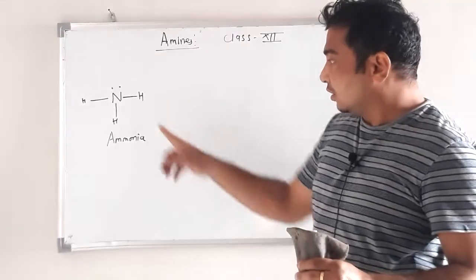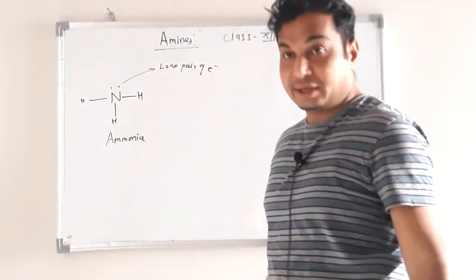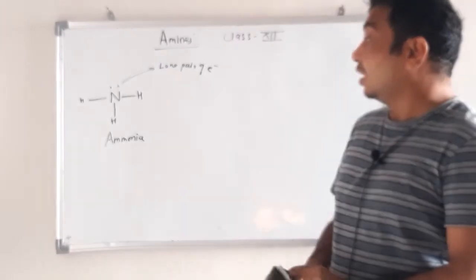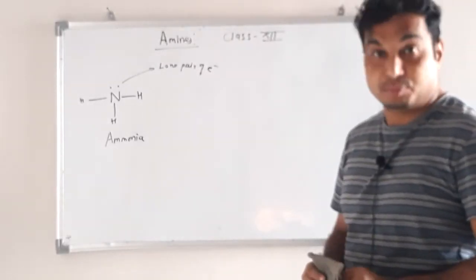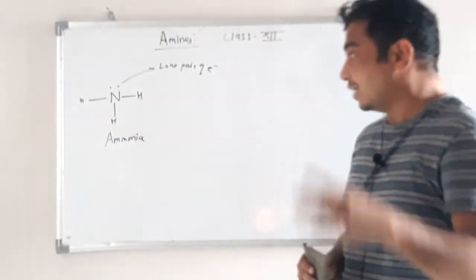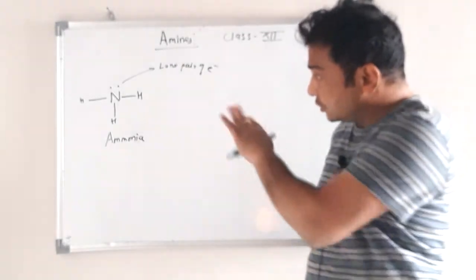In ammonia, nitrogen is attached to 3 hydrogen atoms and it contains one lone pair of electrons. So this is ammonia, a trivalent nitrogen containing compound in which nitrogen is attached to 3 hydrogen atoms and contains one lone pair.